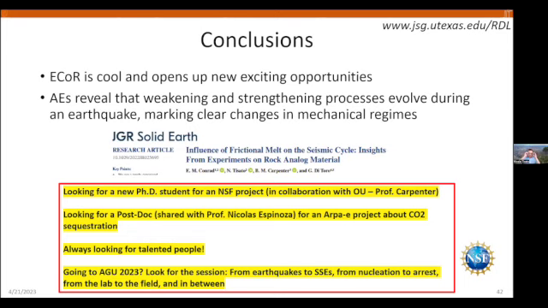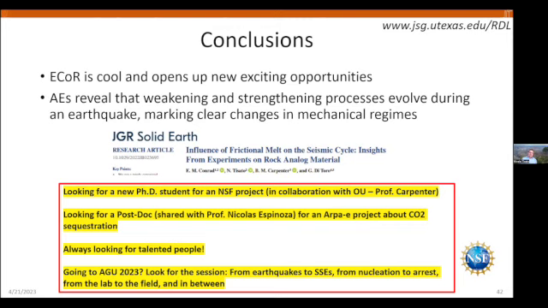I get to my conclusions. I think that ECoR is cool and opens up new exciting opportunities to understand the feedback between the energy stored around the fault and how the energy is transferred from the fault zone into the fault, and the processes happening during and even before an earthquake.